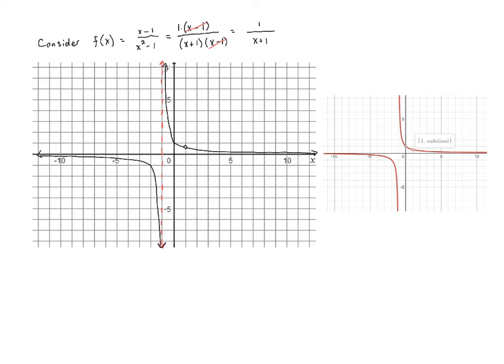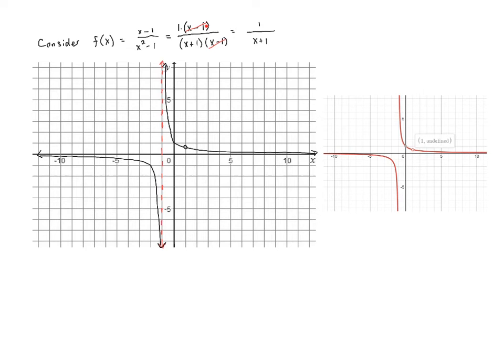So the reason we have a hole here instead of a vertical asymptote is because when we look at the function that we're given, we know that it's undefined at 1, because we have a factor of x minus 1 in the denominator. So we cannot have the graph being defined there.